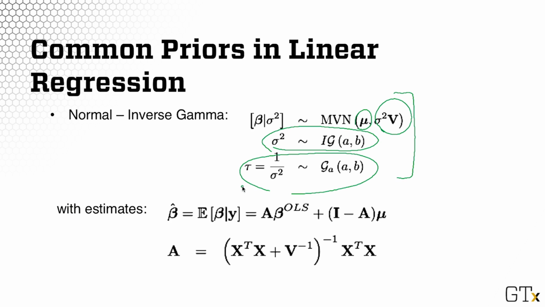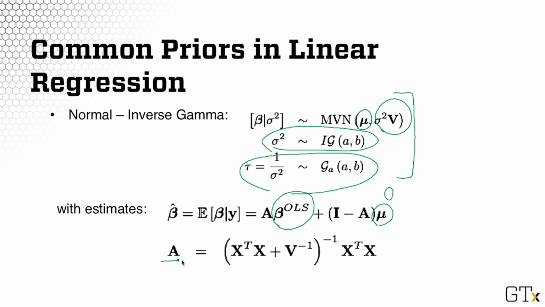For this normal inverse gamma setup, the Bayes estimator is simply a combination of the ordinary least squares estimator that we saw before and the prior mean. Actually, if the prior mean is 0, you have the matrix A times the ordinary least squares estimator.